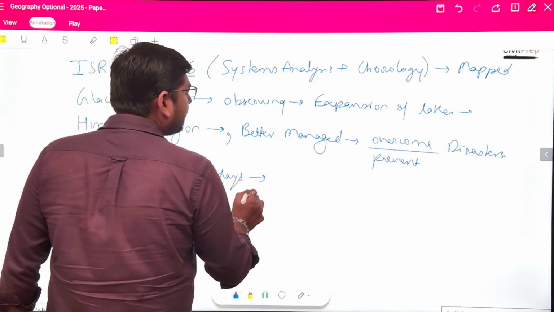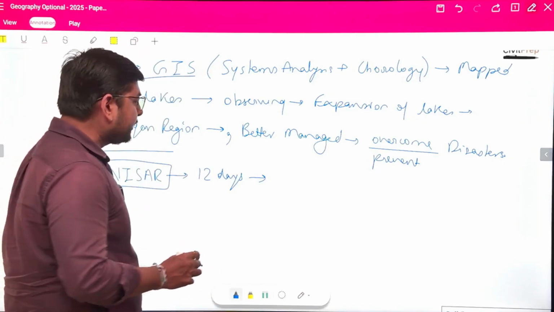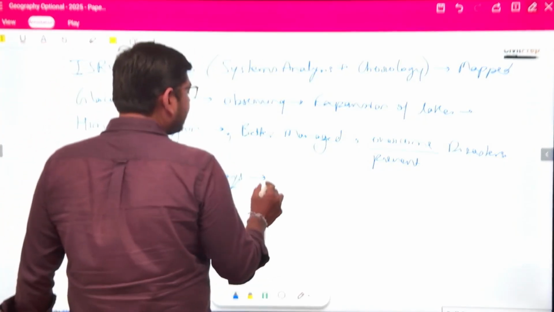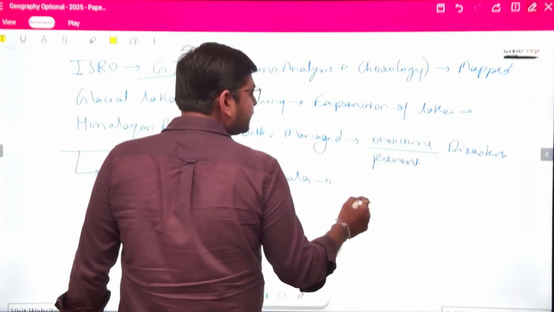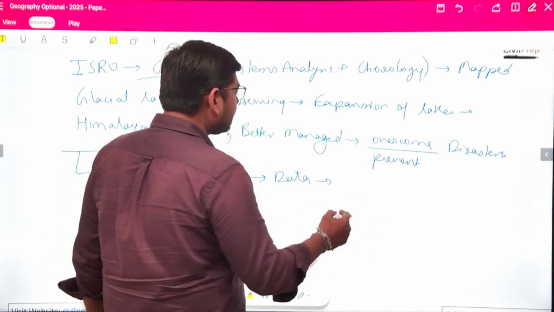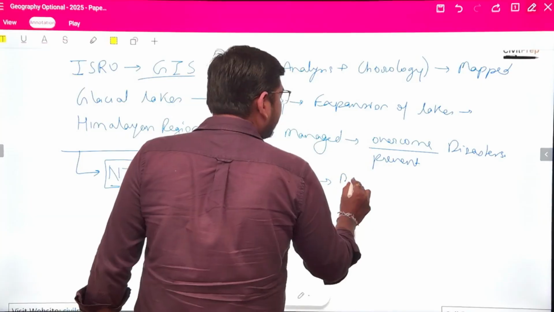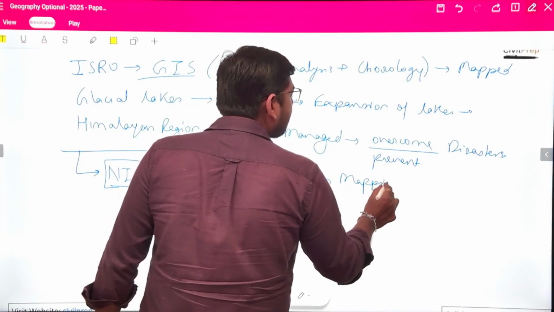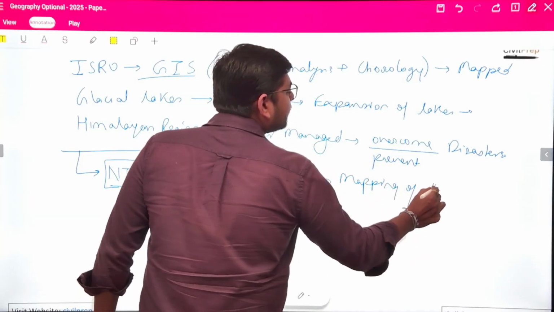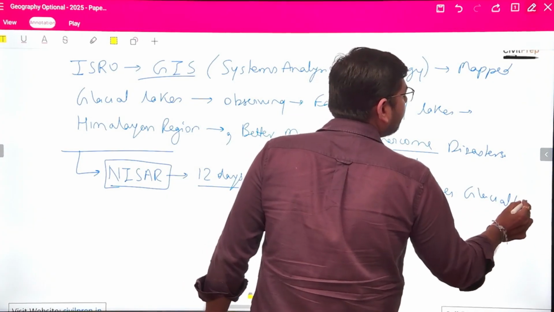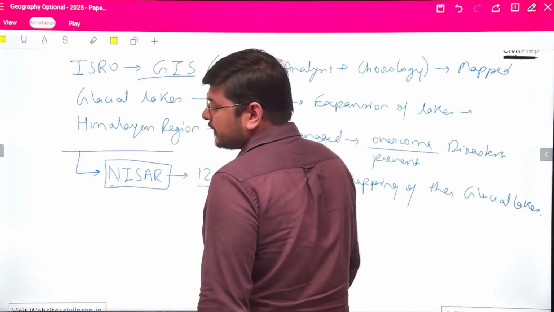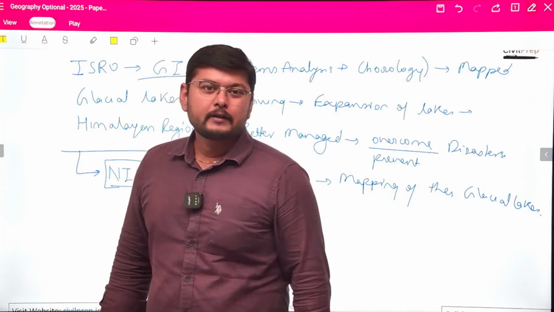So within 12 days, we can have data which can be used in a better way for the mapping of glacial lakes, and so we can overcome the issue of glacial lakes here.